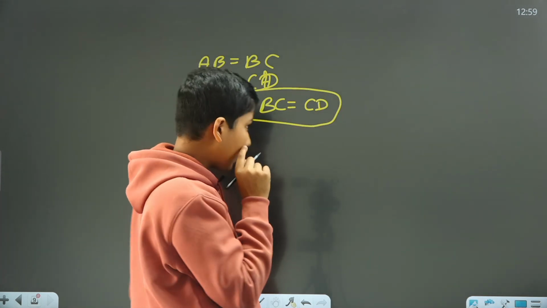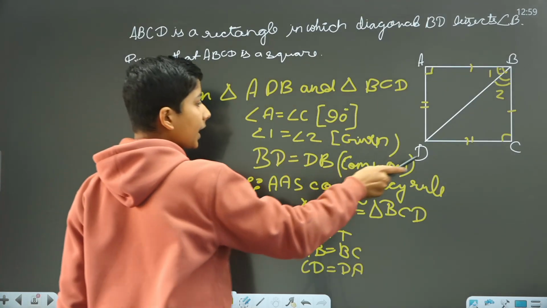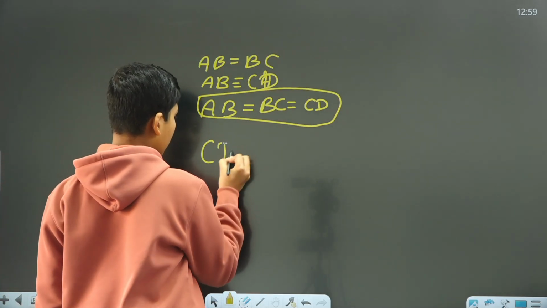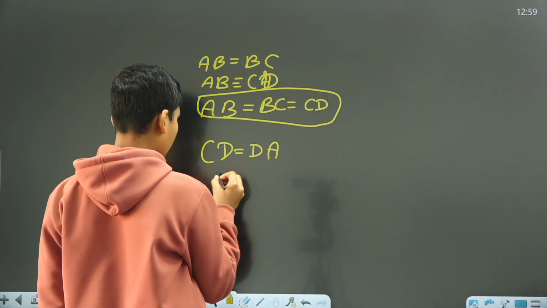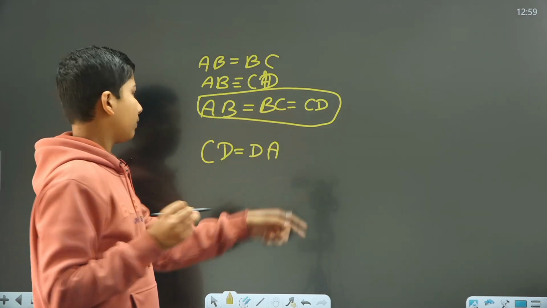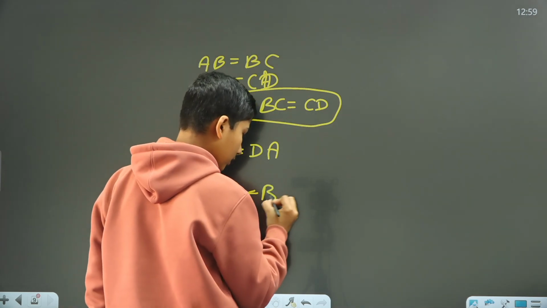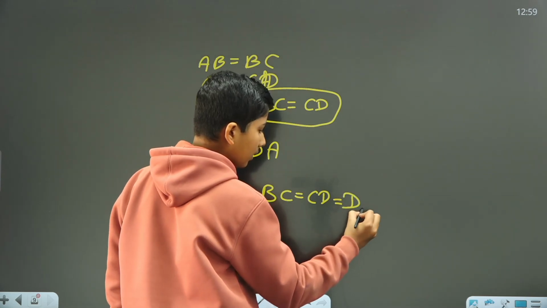Now we know that CD is equal to DA. So we can write AB equal to BC equal to CD equal to DA.